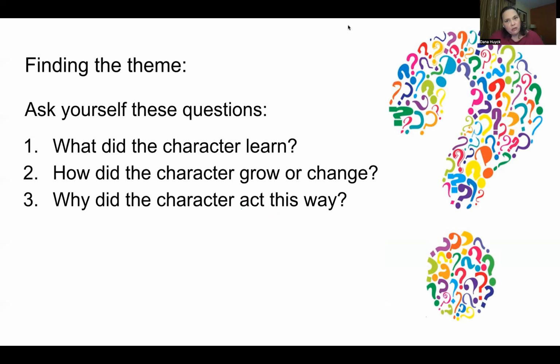Some just general questions you can ask: What did the character learn? How did the character grow or change throughout the story? Why did the character act this way? What are they truly saying when they're speaking, and how are they speaking? So keep those things in mind as we go through our vignette today.